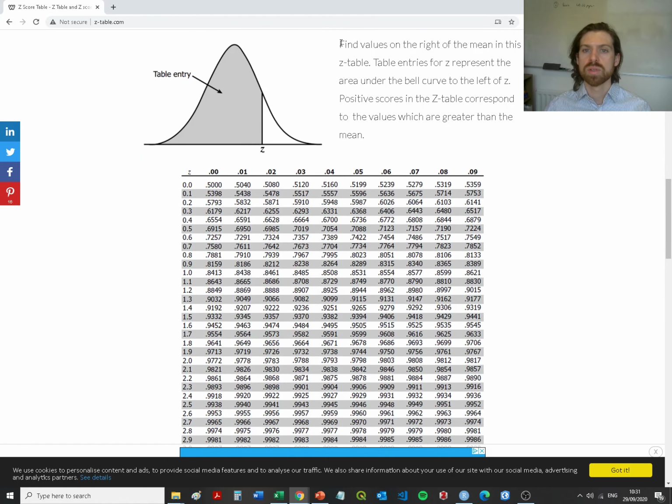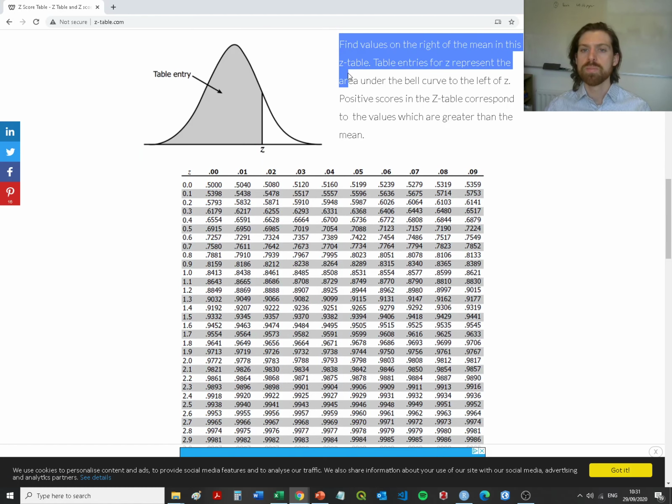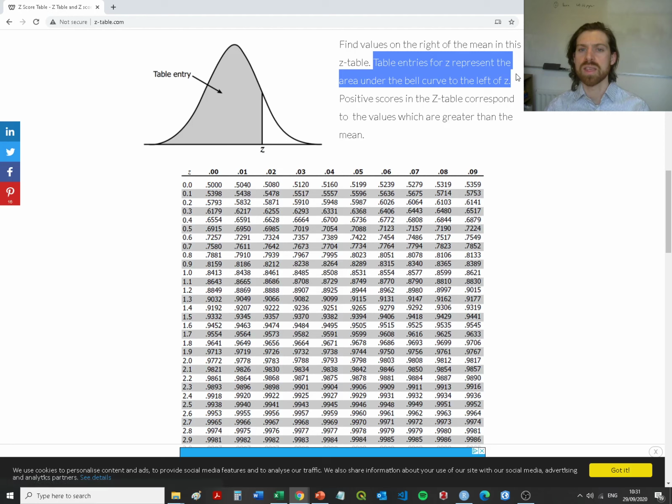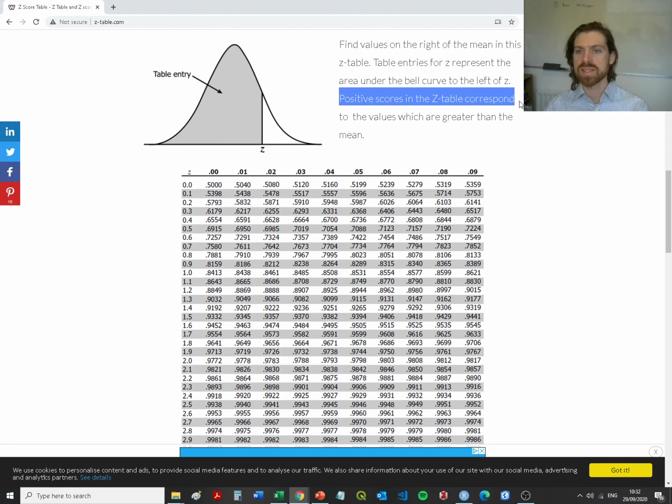So it provides you with the description. Find the values on the right of the mean in this Z table. Table entries for Z represent the area under the bell curve to the left of Z. Positive scores in the Z table correspond to the values which are greater than the mean.